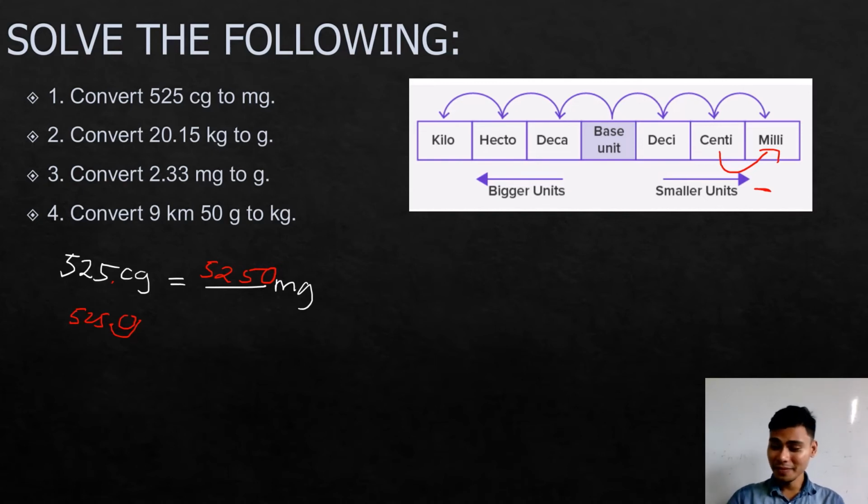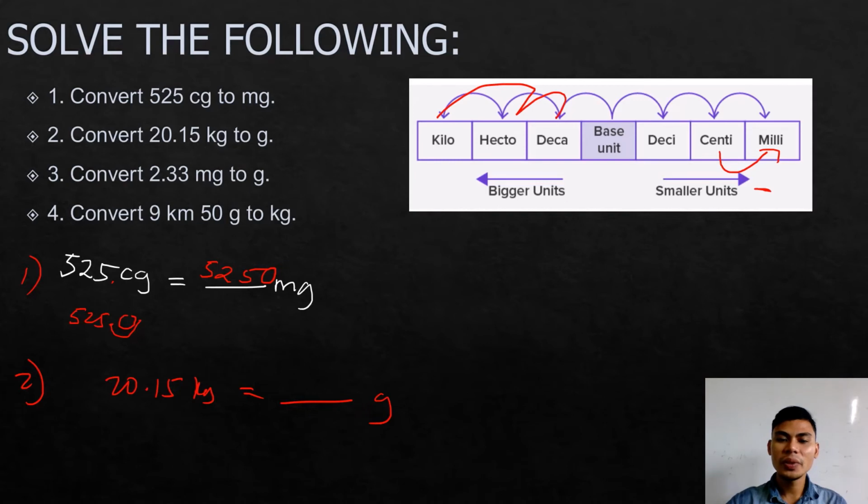Number 2: 20.15 kilograms to grams. So kilograms to grams. 1, 2, 3. This is the base unit now, gram. 3 units to the left. So, to the left ba yun?